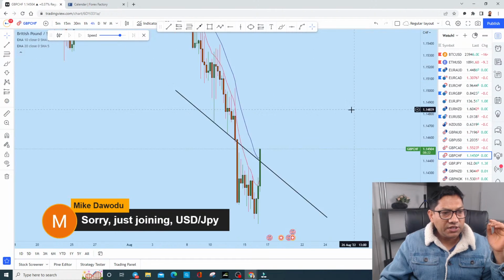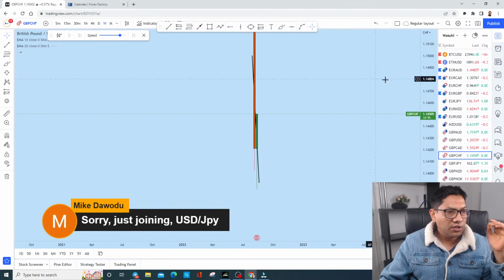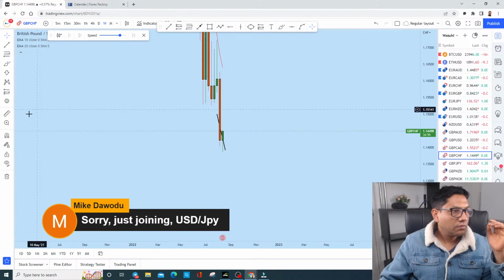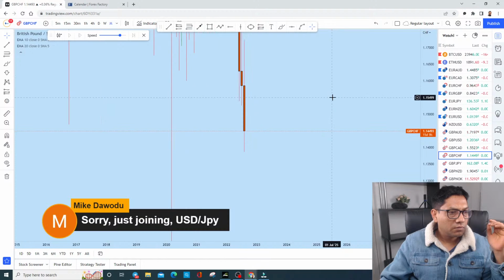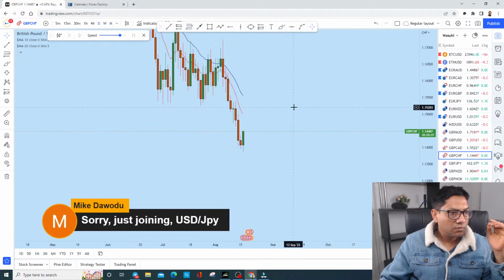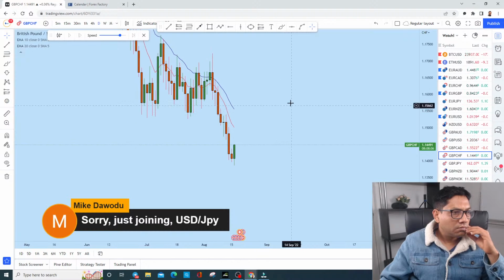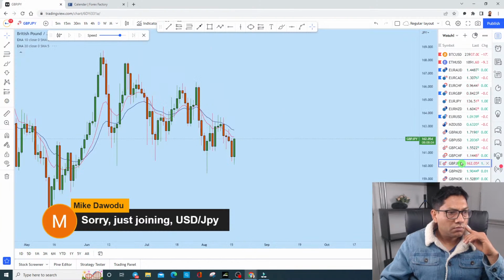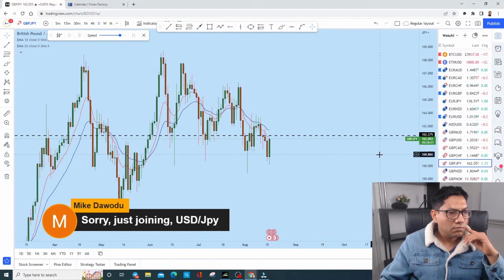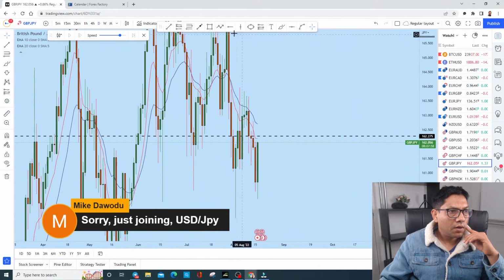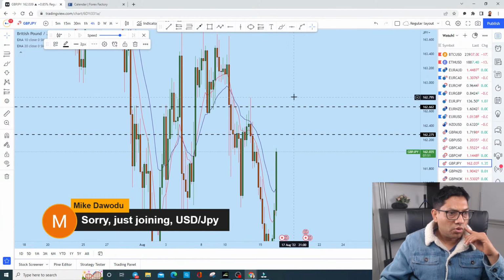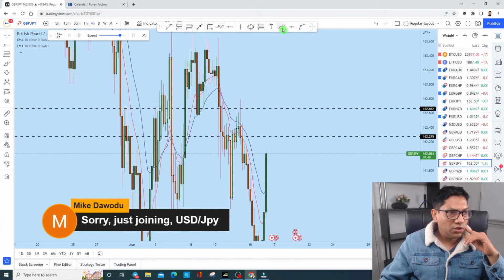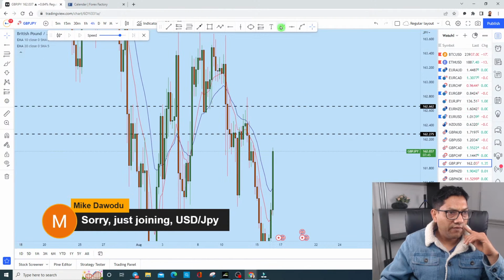Yeah, GBP CHF also is going in the other direction. Let me look at it. For GBP JPY, I think that GBP JPY will come to this level where there is a daily 20 period moving average.